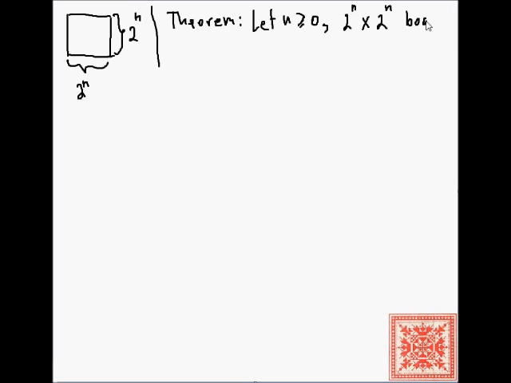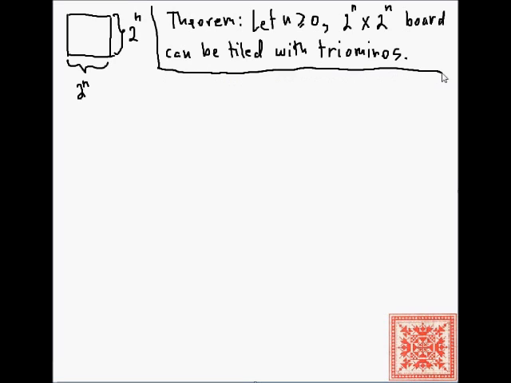Then given a 2 to the n by 2 to the n board of squares with a missing square, it is possible to cover it with triominos, or tile it with triominos. The proof will go by induction, and the source code that solves this problem programmatically essentially mimics this proof via recursion, which is the programmatic equivalent of induction.